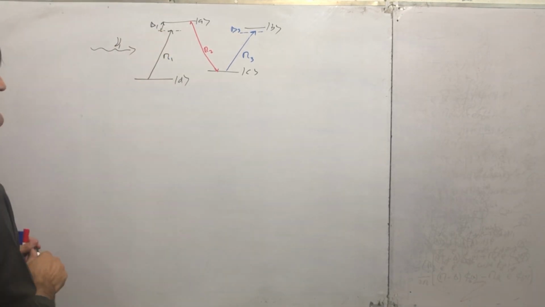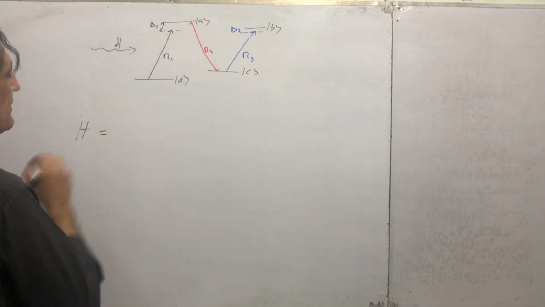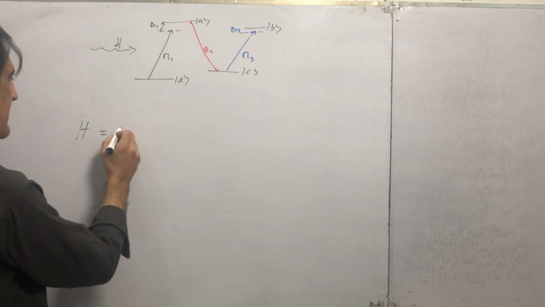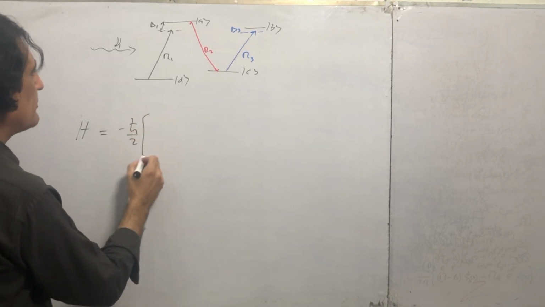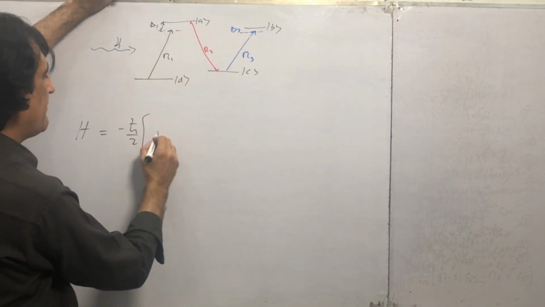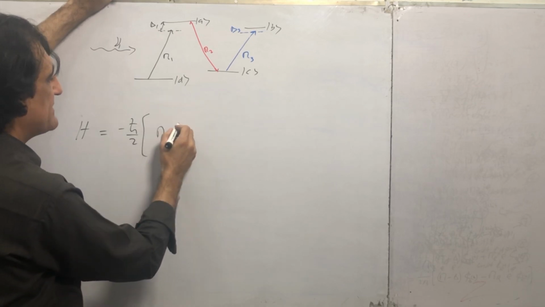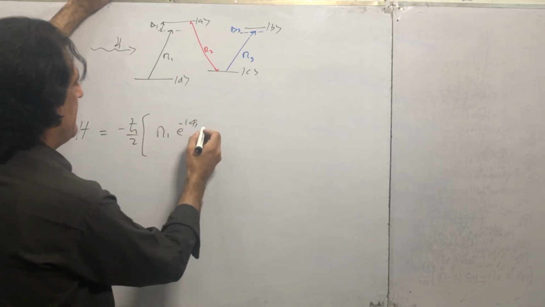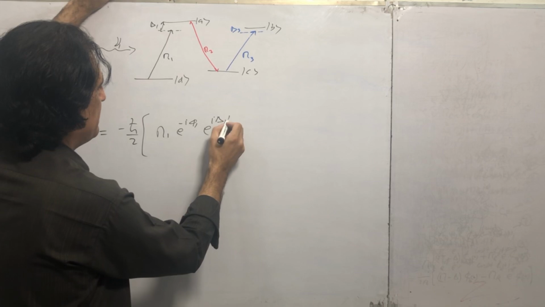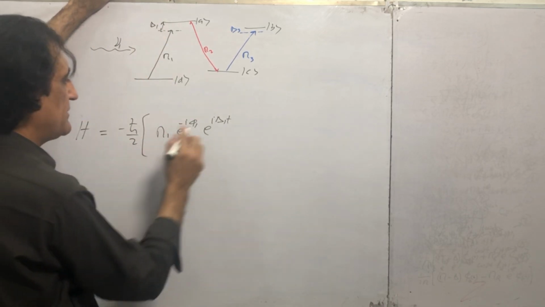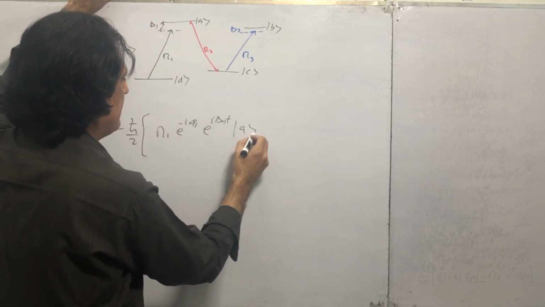Starting from this H, which is equal to -ħ divided by 2 Ω1 with some phase e^(-iφ1) and e^(iΔ1t). This is the detuning, and |A><D|.